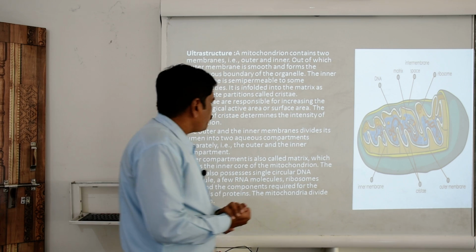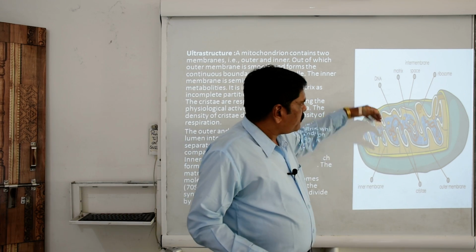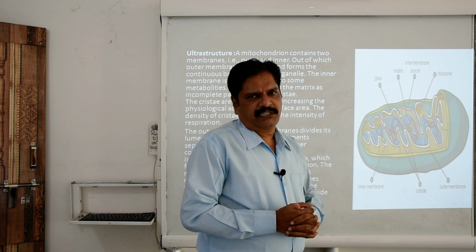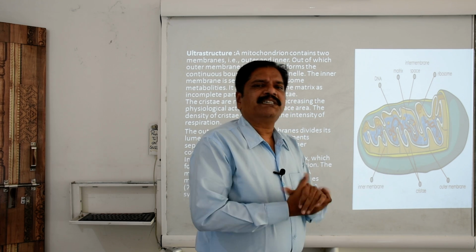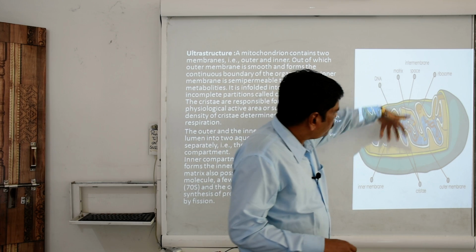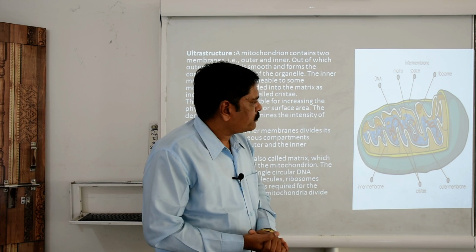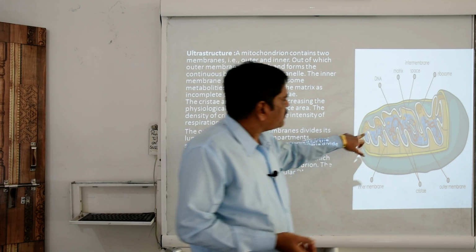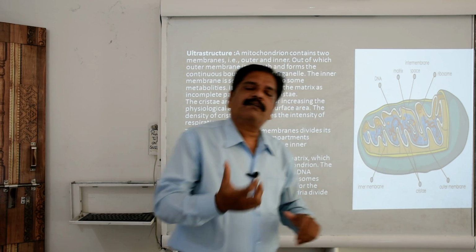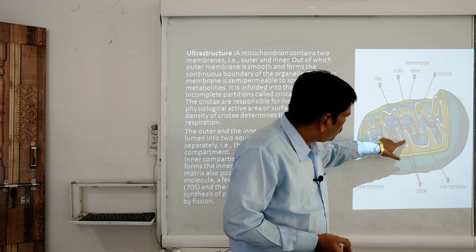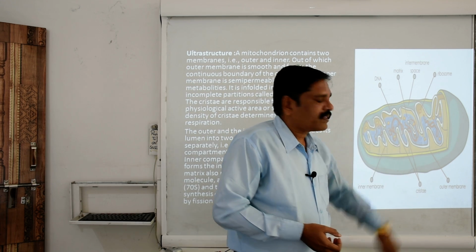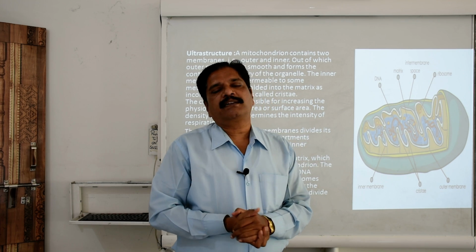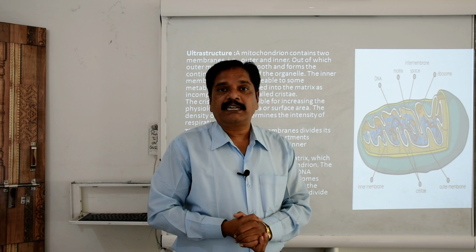But if you observe, the inner membrane shows interdigitation, which increases the surface area, and these projected units are called the cristae. These cristae have a particulate structure present on the membrane, called the F1 particle, and this F1 particle is basically responsible for ATP production.